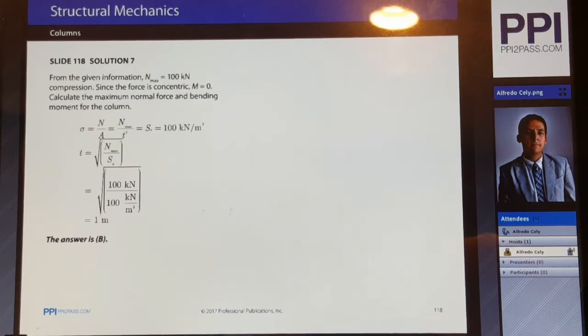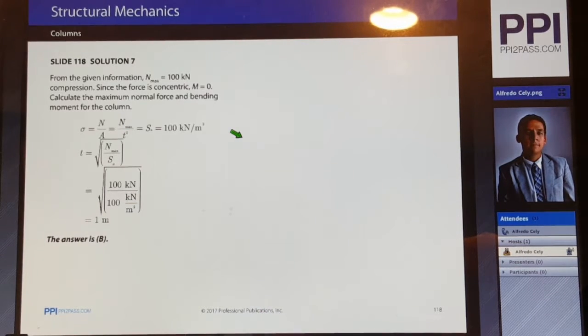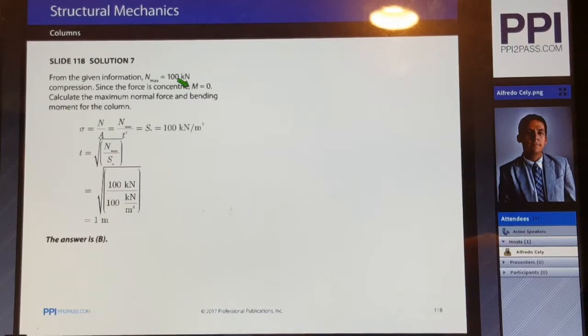Since the force is concentric, the moment is going to be equal to 0 because there's no eccentricity in the column. The load is perfectly centered, and we're not told anything otherwise in the problem prompt. And with the information given, we really cannot determine if there's any eccentricity in the column. So this is a very safe assumption.